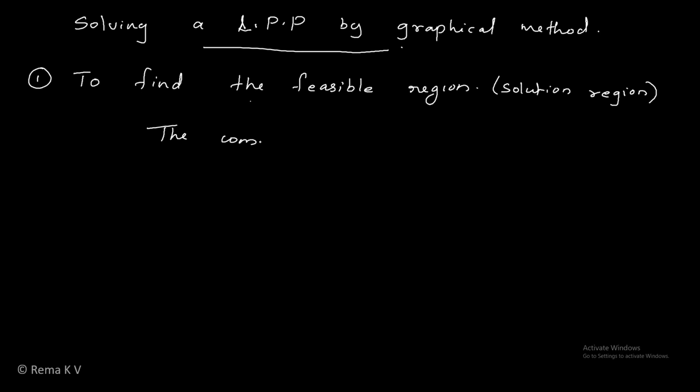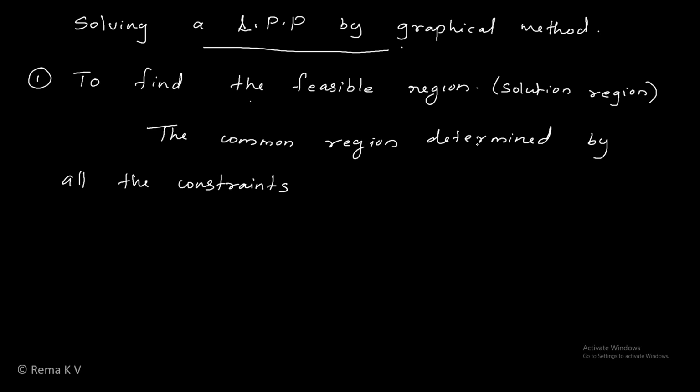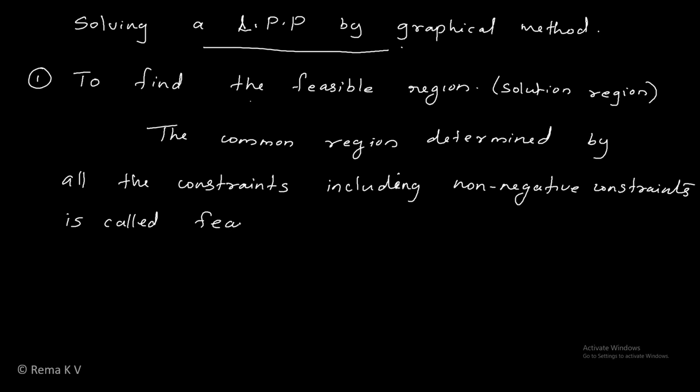we have to draw the graph of the linear constraints, then the common region determined by all the constraints including non-negative constraints is called the feasible region.